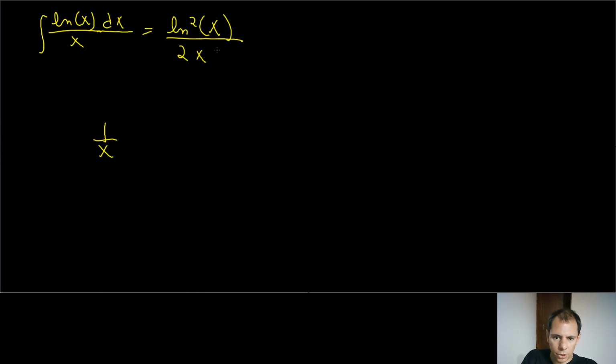So actually what you're doing is multiplying by x, because this x in the denominator of the denominator comes up to the numerator. Now you simplify, and that's the answer: ln squared of x divided by 2 plus c.